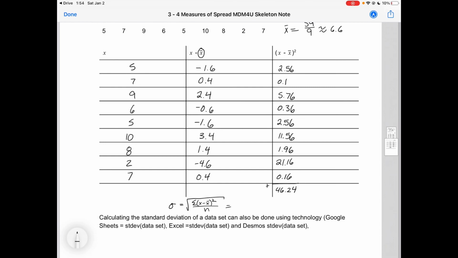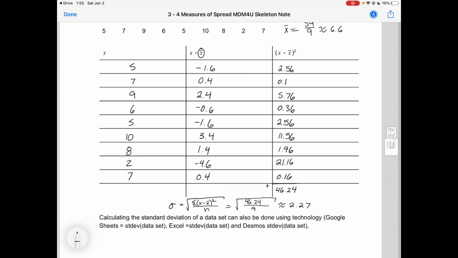Remember that we go to 2 decimal places when we find our sum of the squares of the deviations. And then we put our values into our formula. So 46.24 divided by 9, which is our number of data points, works out to about 2.27. So that means that the majority of the data is within about 2 points of our mean.